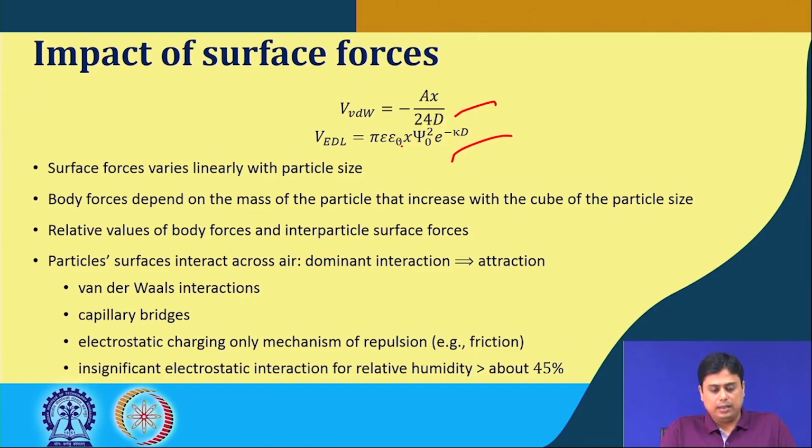Either it happens by this van der Waals interaction, or through the capillary bridges that we saw during the granulation studies. If you remember the funicular structures and pendular structures, those are the bridges that can form between the particles.